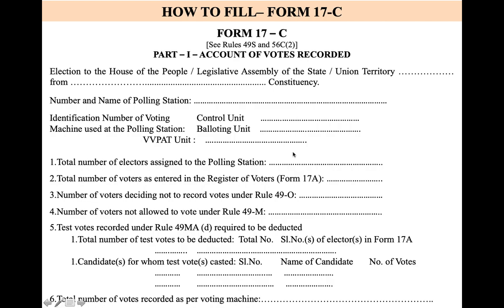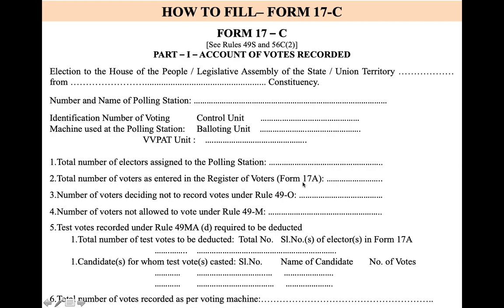Whatever the voter number is in the e-roll, you have to enter here in point number 1. In point number 2, total number of voters as entered in the register of voters, that is Form 17A. In a polling station, suppose there are 200 voters, it's not mandatory that all the voters turn out on that day.